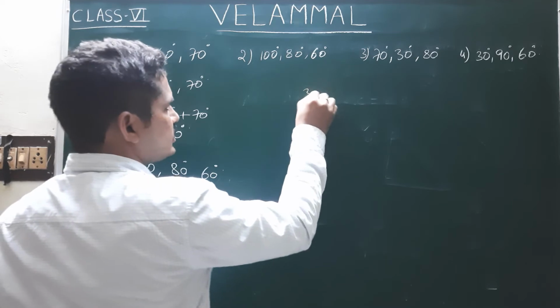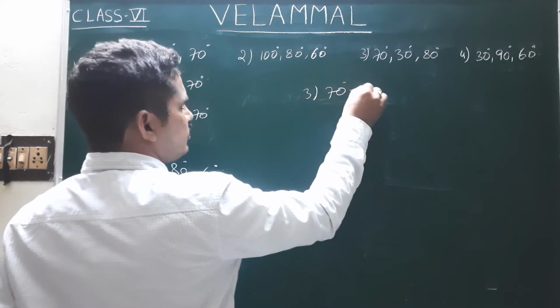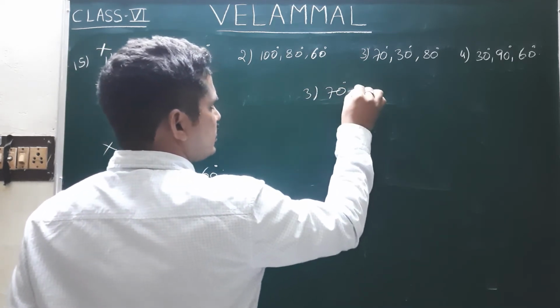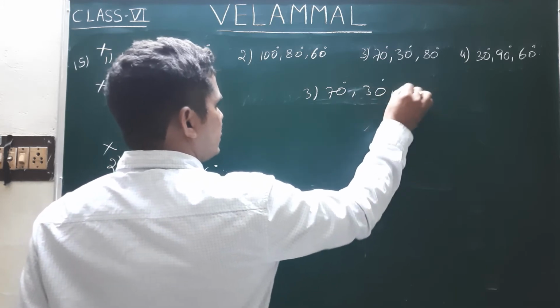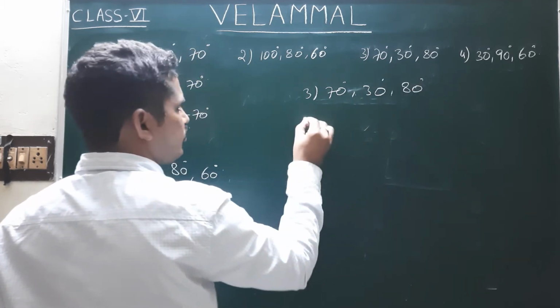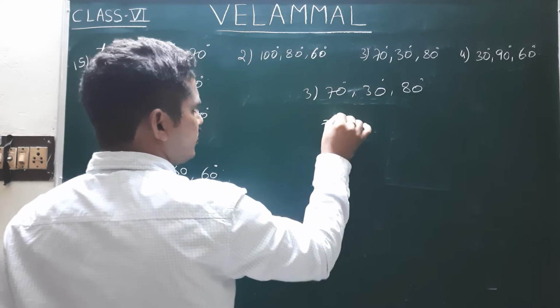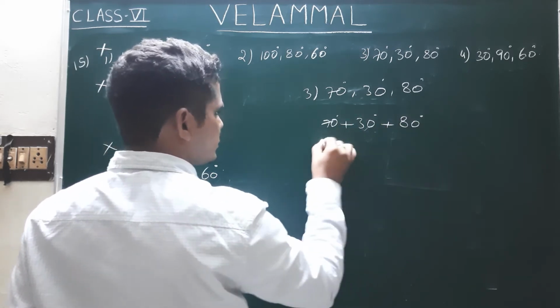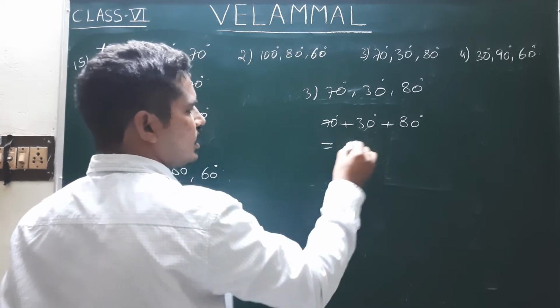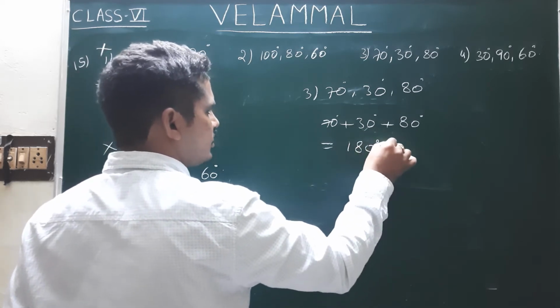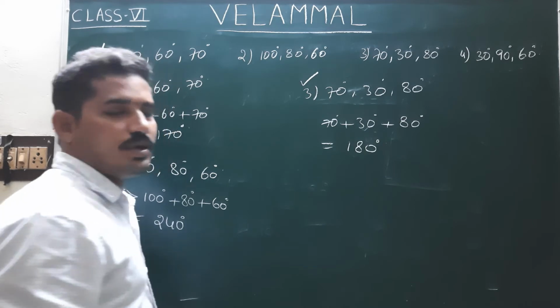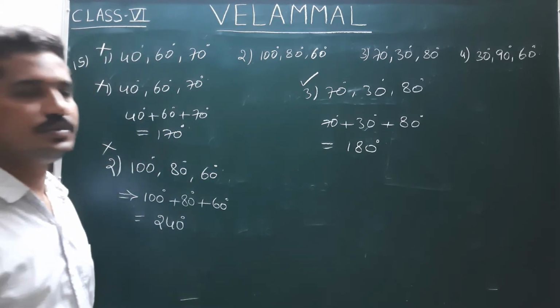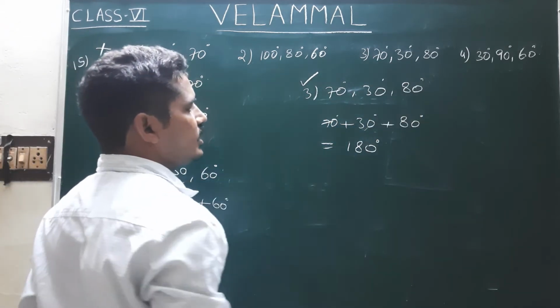Next, the third option, 70, 30, 80. If we take 70 plus 30 plus 80, 70 plus 30 is equal to 100, 100 plus 80 is equal to 180 degrees. So these angles can form a triangle.